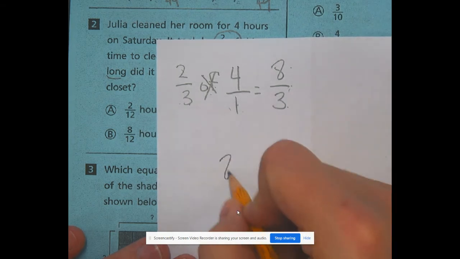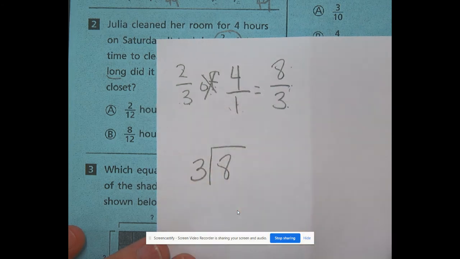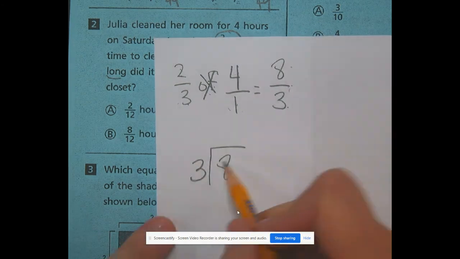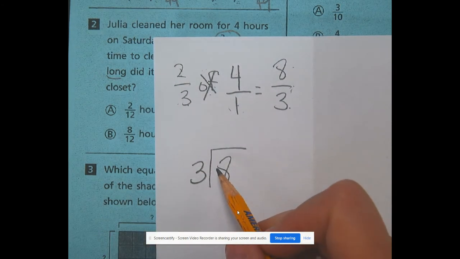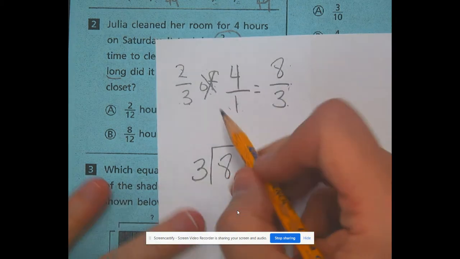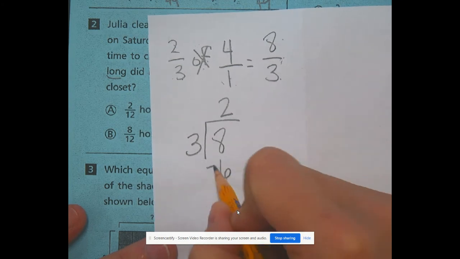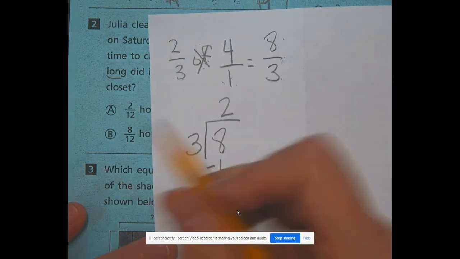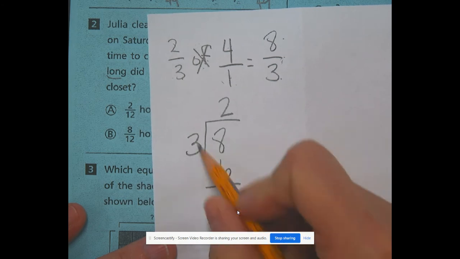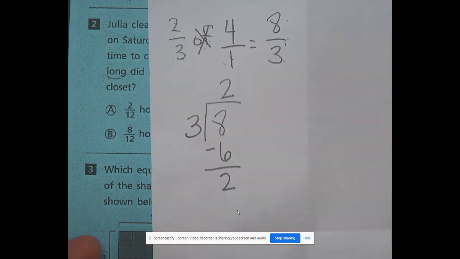Good. 8 divided by 3. Okay, 8 divided by 3, or 3 times what gives you a number close to 8? 2. 2 times 3 is 6. Then we subtract. 8 minus 6 is 2. Is that our remainder?